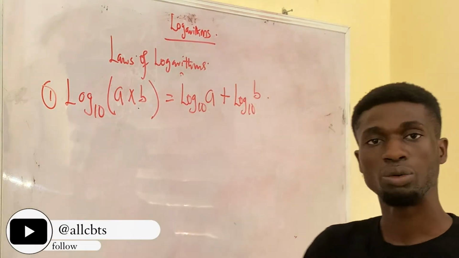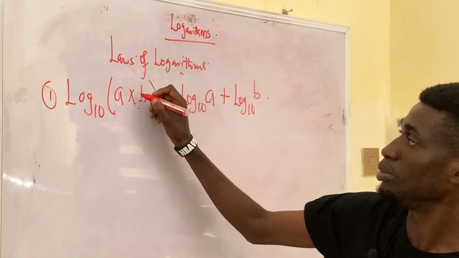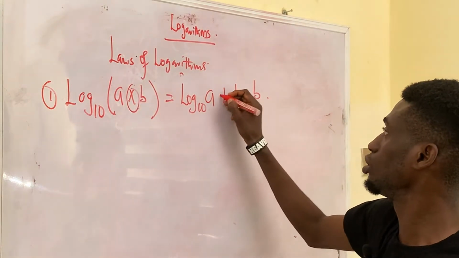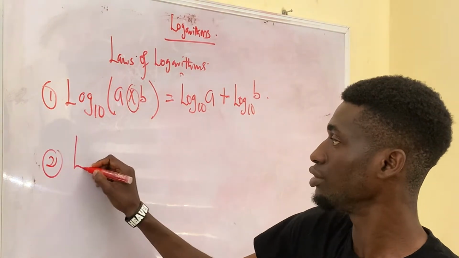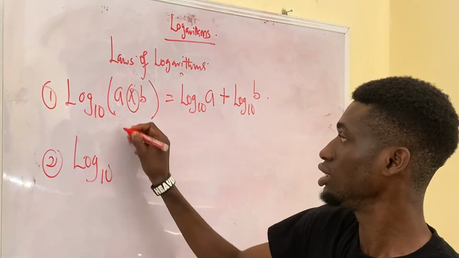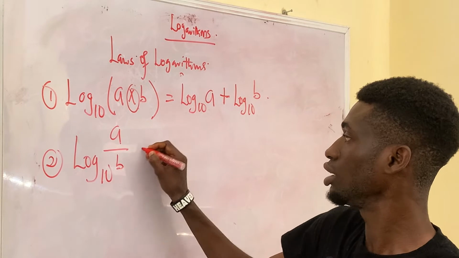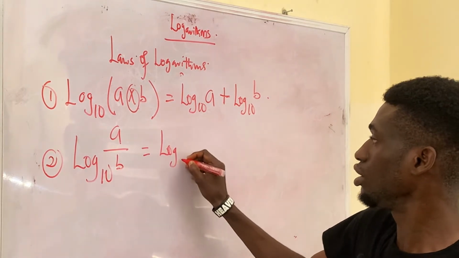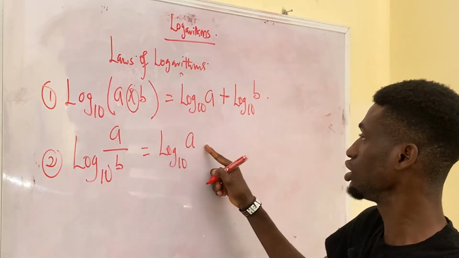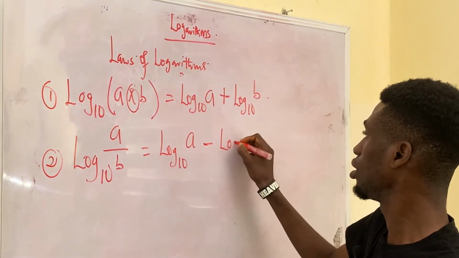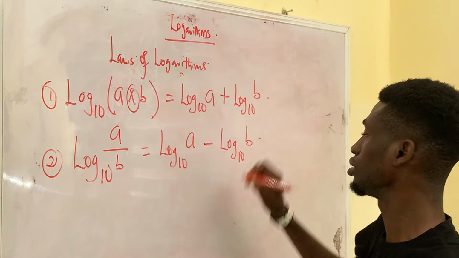So, in a nutshell, what the first law is trying to tell us is that the multiplication will change to the addition sign. Law 2 also says if you have log 10 of a divided by b, that will give you log 10 a, your division is going to change to minus log 10 b.